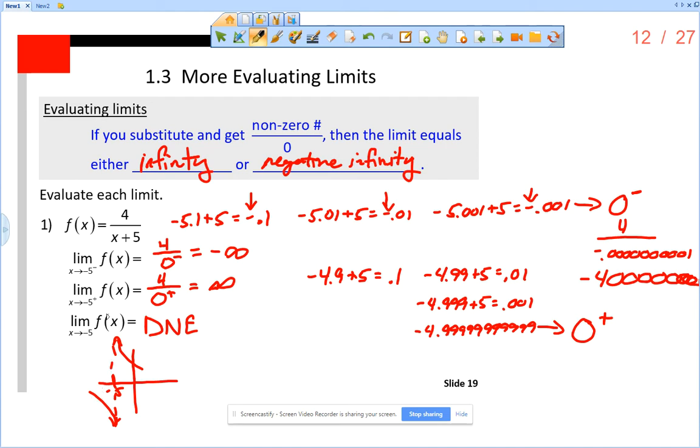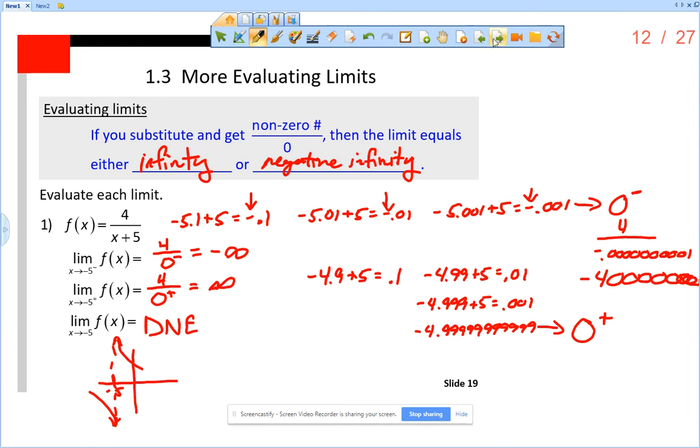So this is how it would show up in terms of a limit question. The key is to understand whether we're approaching zero from the left or zero from the right, so that we know whether we're approaching negative infinity or positive infinity.